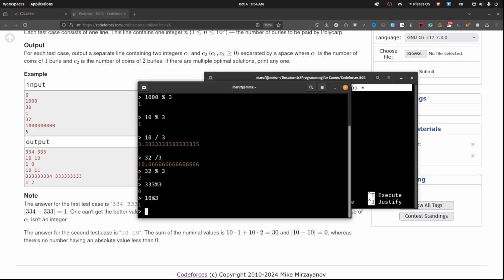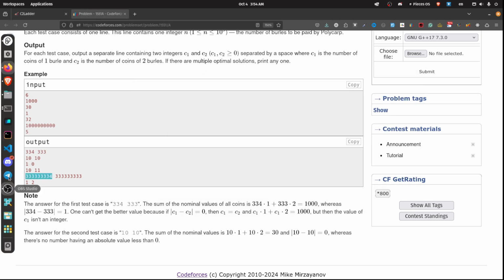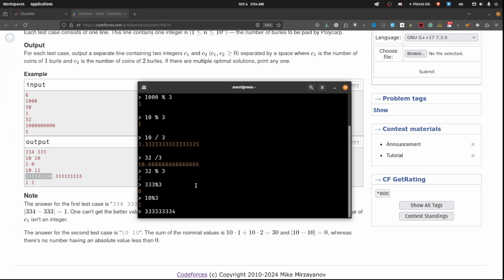Going back to my terminal, modulo 3, here I also get 1. So for 10 and the large value, I get the answer 1, for 333 I get the answer 0, and for 32 I get the answer 2. So from this, what can I decide?